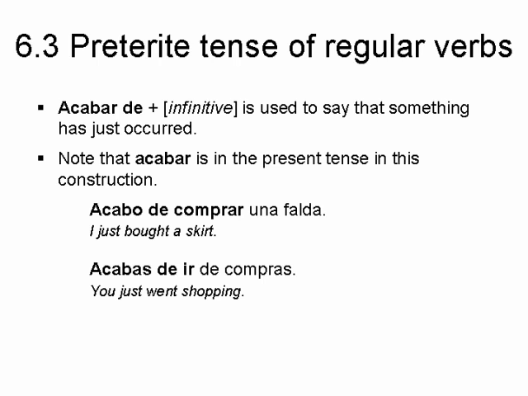I just want you to be familiar with the construction acabar de plus the infinitive. You can put any verb here. Like if you want to say, I just ate, acabo de comer. If you wanted to say, he just ate, instead of putting the O on it for the present tense yo form, you'd put the A: acaba de comer.